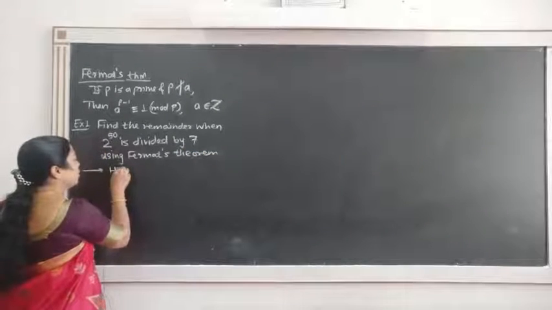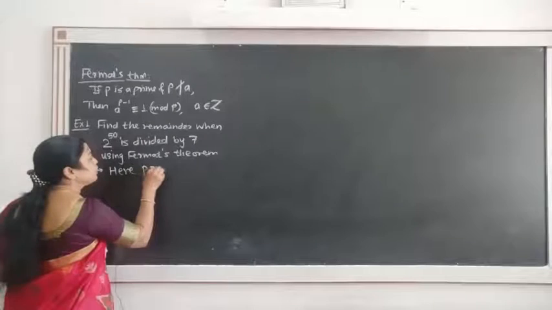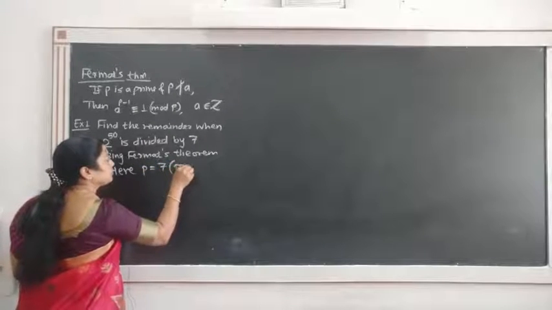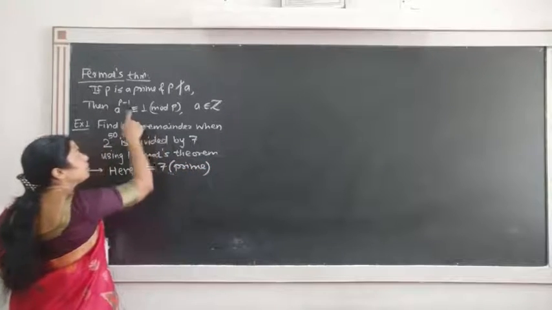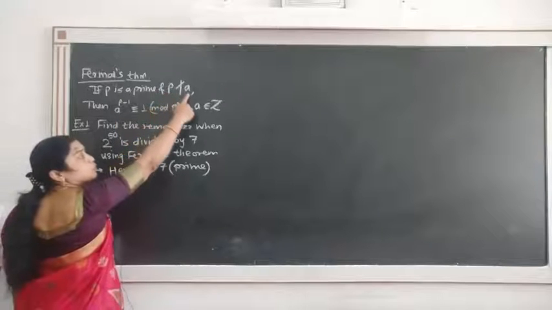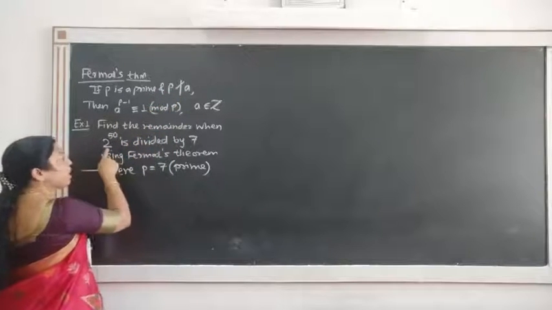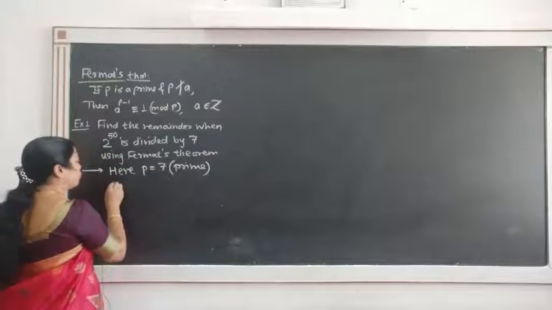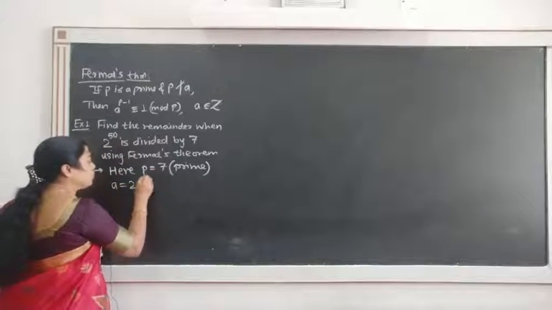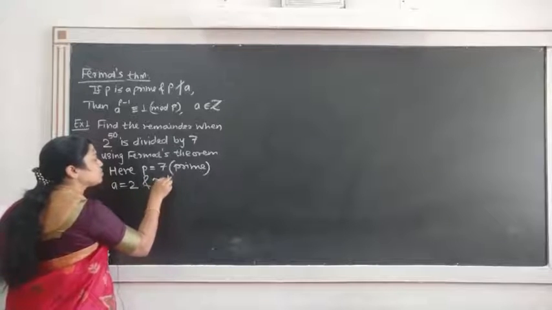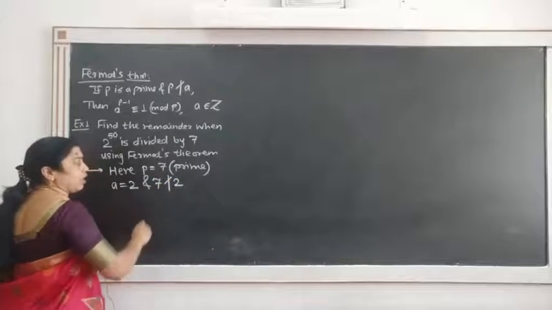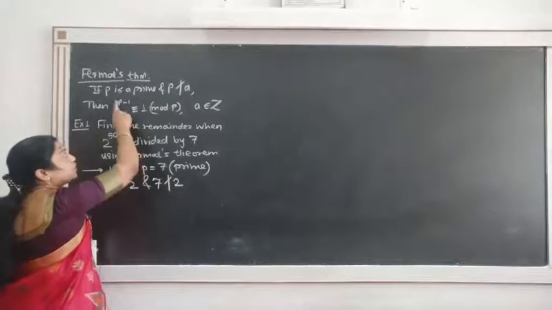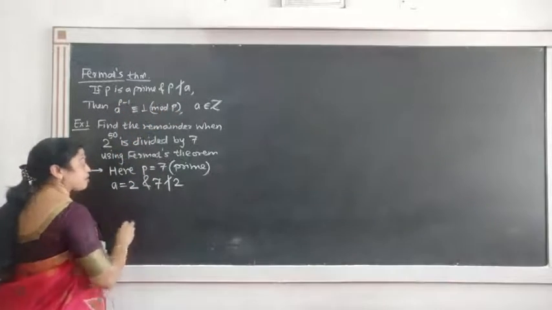So here P is equal to 7, which is prime, and the second condition is that P should not divide A. A is 2 and 7 does not divide 2. That is, the conditions of Fermat's theorem are satisfied.